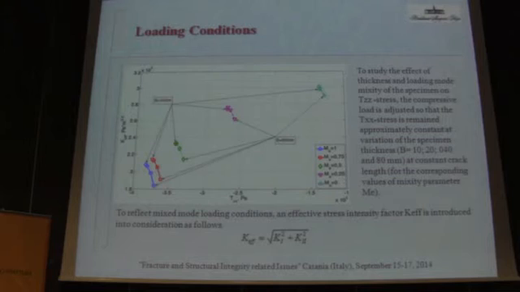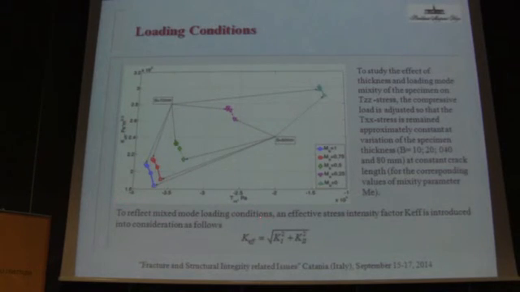And to study the effect of thickness and loading mode mixity of the specimen on the Tzz stress, the out-of-plane constraint parameter, the compressive load is adjusted so that the in-plane constraint parameter Txx stress remains approximately constant as the specimen thickness varies from 10 to 80 millimeters at constant crack length.